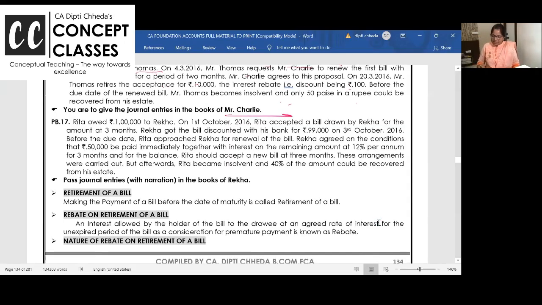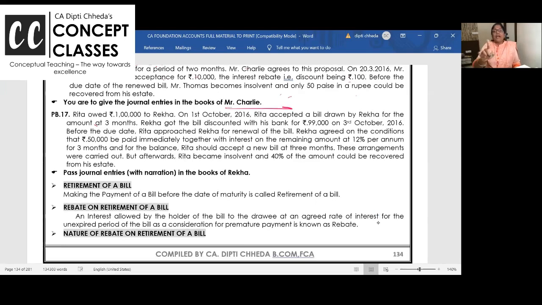Chalo, next करते हैं. Rita owed. Rita has to pay. Bill must be drawn by Rekha. Is this clear or not? Rita owed Rekha. On 1st of October, Rita accepted a bill. Rekha has drawn. Rekha got the bill discounted with the bank. Rita approached Rekha for renewal of the bill.